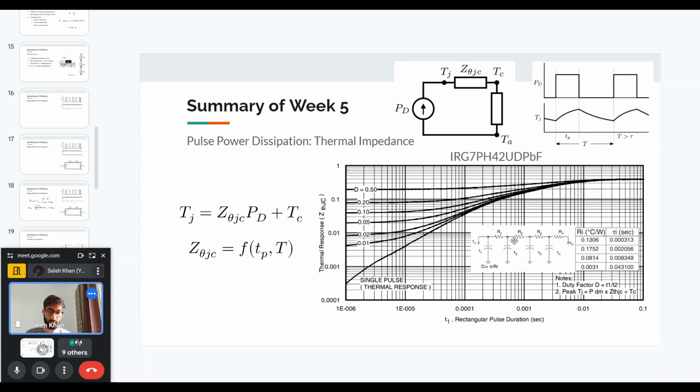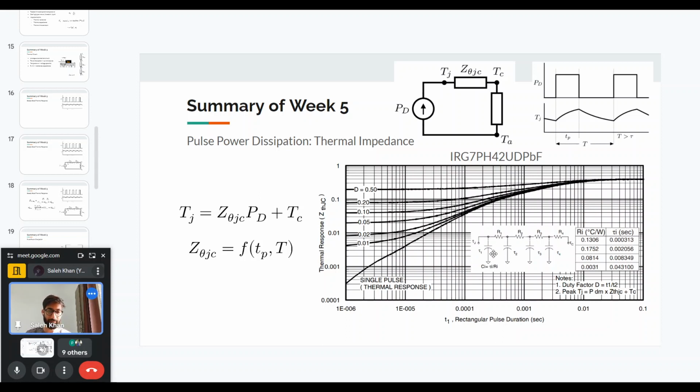And from the time constant, we can actually find the thermal capacitance.